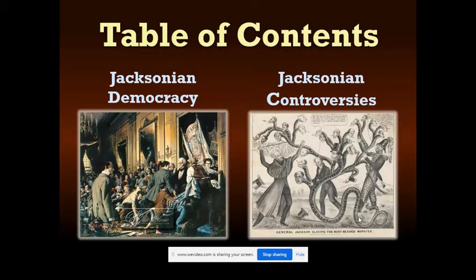It is really born during this time. The origins of it, not fully complete, but the origins. And then, of course, Jacksonian controversies take place once he is president and concern the actions that he takes. But today we're going to primarily focus on Jacksonian democracy, and tomorrow you will take a look at those Jacksonian controversies.